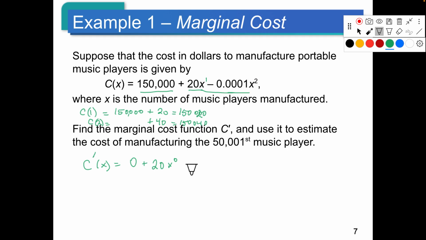How about this last part here? We've got a negative. The 2 comes down. So what's 2 times that? Well, 0.000, three zeros and a 2. 2 times 1 is 2. And then it's x to the first power. So we'll just clean this up a little bit. The derivative of 20x, we don't need the x to the 0. We'll just do 20.